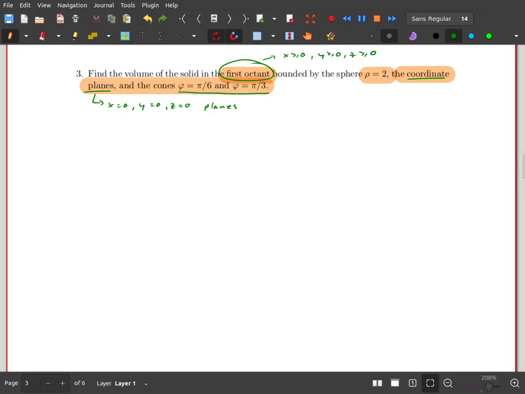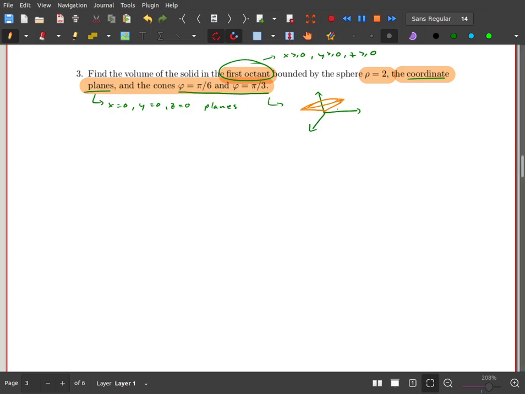So now we're given 2 cones: phi equals pi over 6 and phi equals pi over 3. Let me draw out what these 2 cones will look like. Let me switch colors. Okay, the first cone will look something like this. Excuse my drawing.